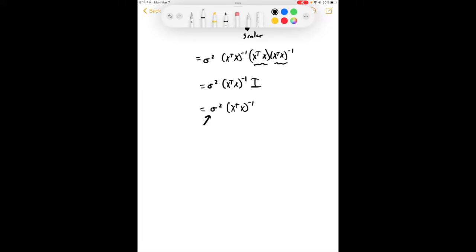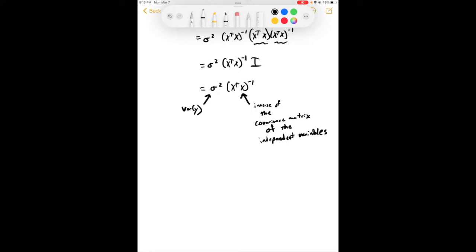Or if you think about this, this is the variance of y, and this right here is the inverse of the covariance matrix of the independent variables. So we've multiplied that out.